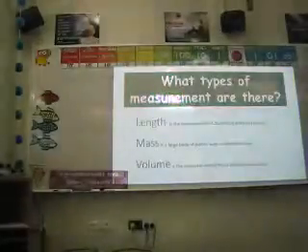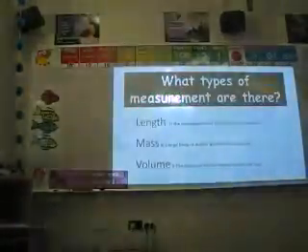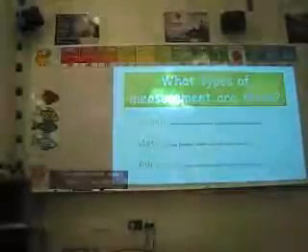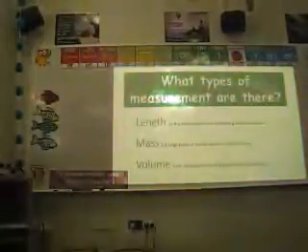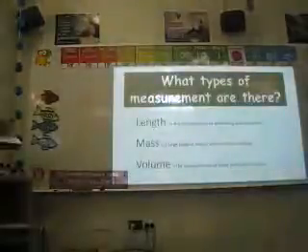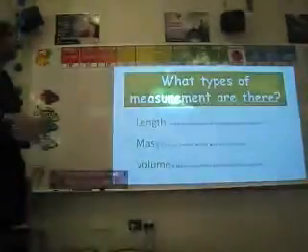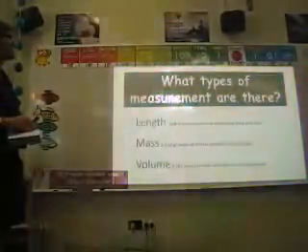Okay. So what types of measurements are there? Who can read that for me? Matthew. It's right there for you to read. Read the length for me. Length is the measurement of something from end to end. Beautiful.